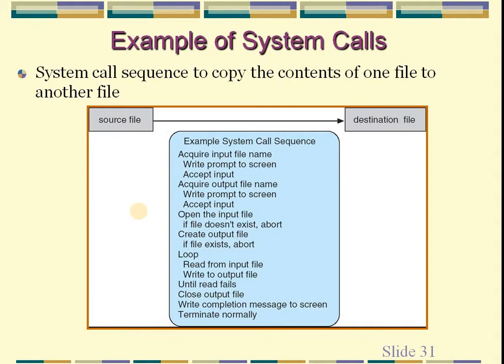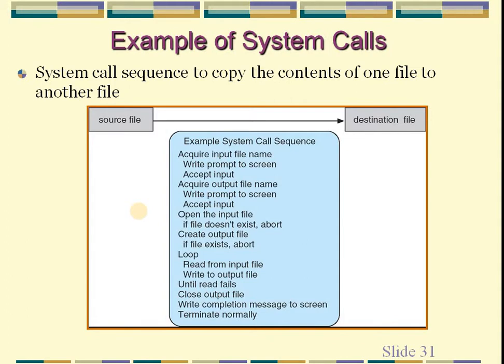Now we will see one example of a system call, how to implement a system call. In this diagram, the system call sequence is shown to copy the content of one file to another file.